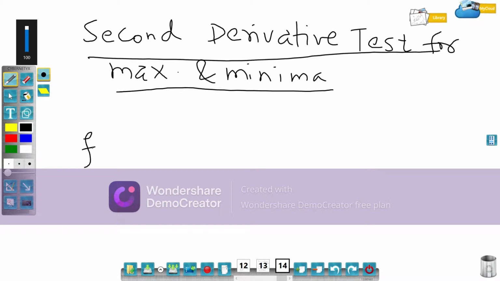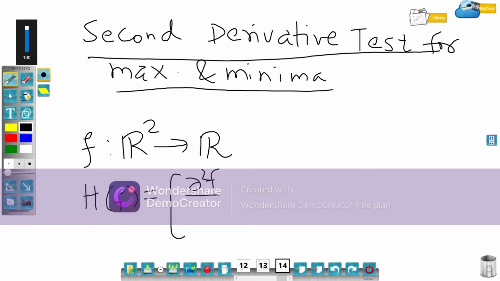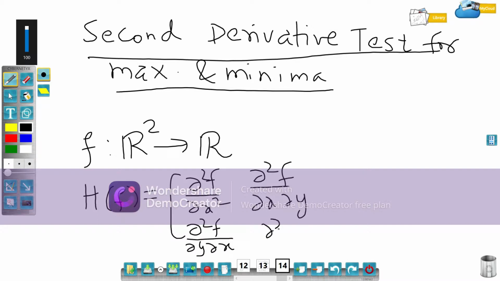If f is from R² to R, then the Hessian matrix of f will be of this form: ∂²f/∂x², ∂²f/∂x∂y, ∂²f/∂y∂x, and ∂²f/∂y².